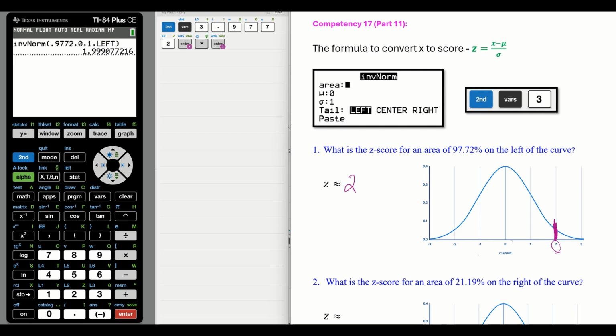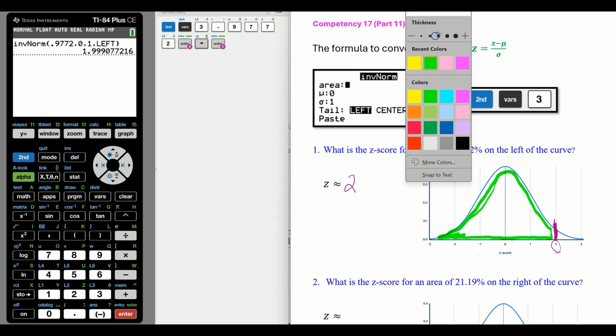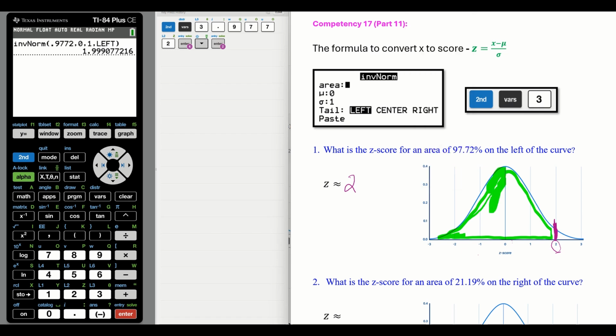So we have the left of the curve, but it says the area underneath. So actually, they're asking for this area right here. I can do a better job with that by making that larger. They really want us to do this.